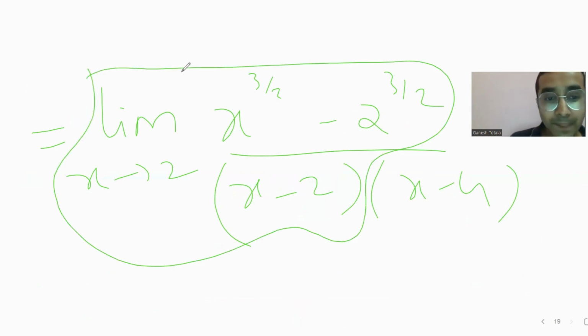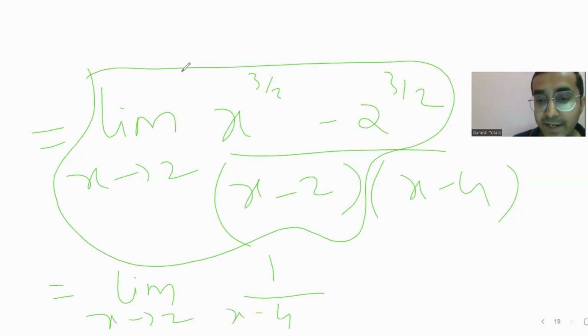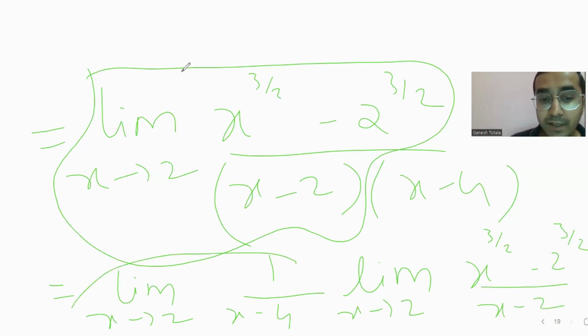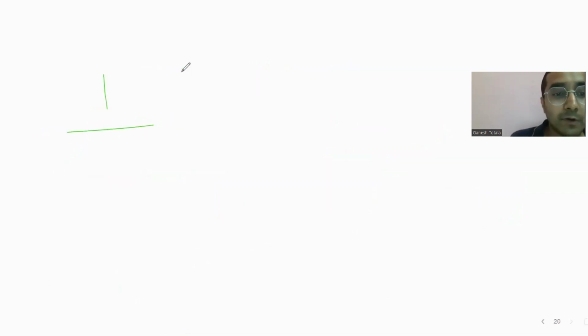So what I'll do is limit as x is tending to 2, 1 upon x minus 4, I can write it down as it is, into limit as x is tending to 2 of x raised to 3 by 2 minus 2 raised to 3 by 2 divided by x minus 2. Here you can take the limit value as it is because it's not of the form 0 by 0. So it will be 1 upon 2 minus 4 into.